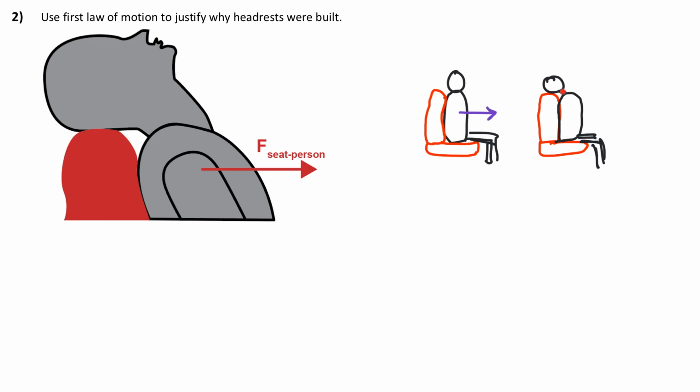So you're going to get all your neck muscles extended, maybe more than they need to, especially if you're accelerating much faster. This part of your body will move fast and this part will not move, and therefore you can cause severe injuries. So that's why car seats started having headrests.